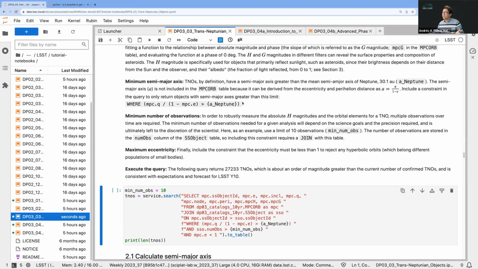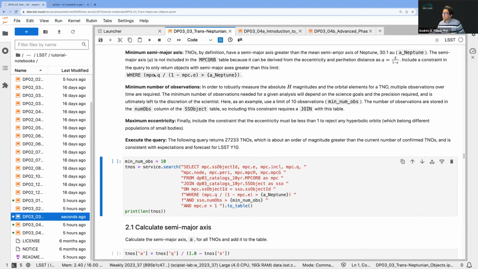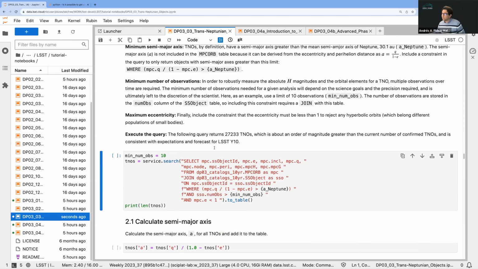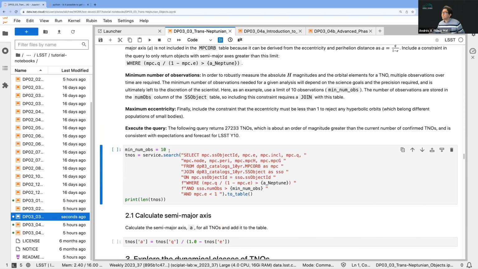The table doesn't have an explicit column that gives you A, so you need to use the relationship between the perihelion parameter and the eccentricity that gives you A. So you can do a where constraint here with the columns of the table, and have that built into the query. Then I also selected a minimum number of observations in order to have more statistics.